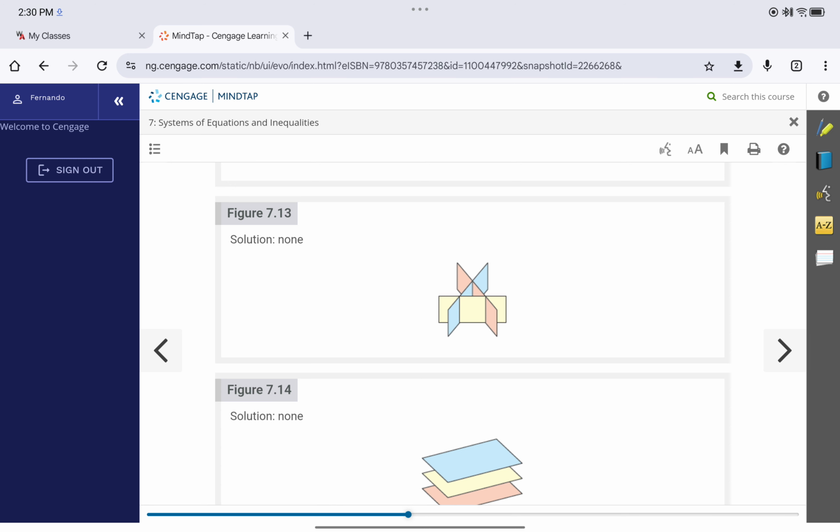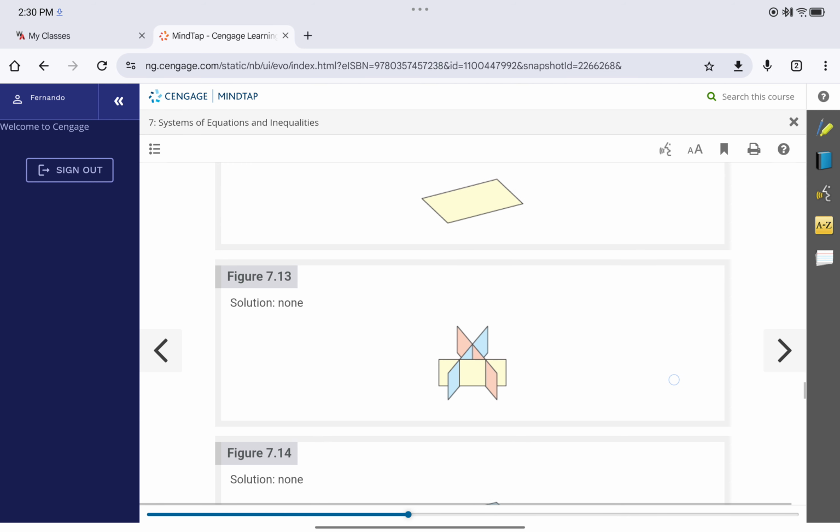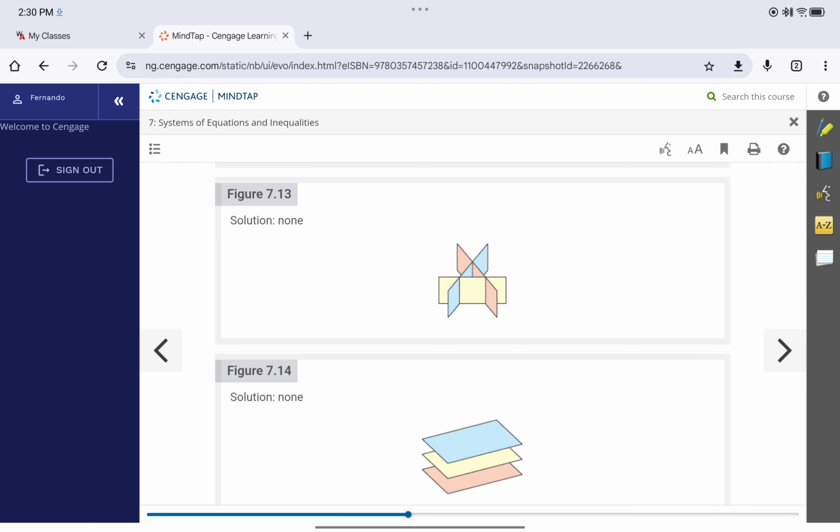And the last possibility, well, the last two possibilities. Looking at this one, even though they intersect each other, it has to be all of them at the same time, at the same place. Well, that's not happening here.